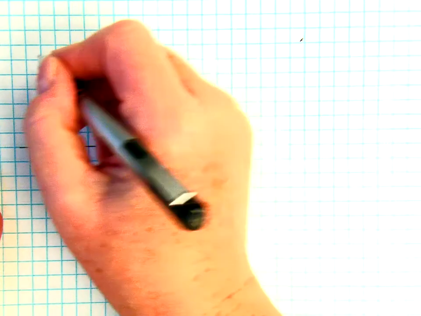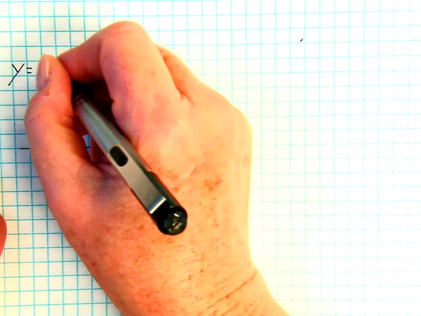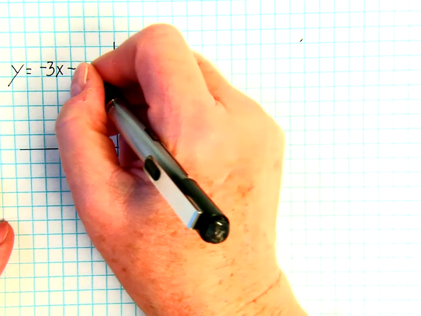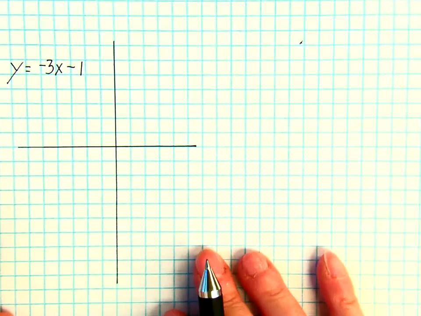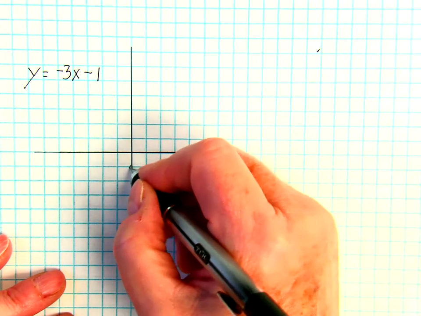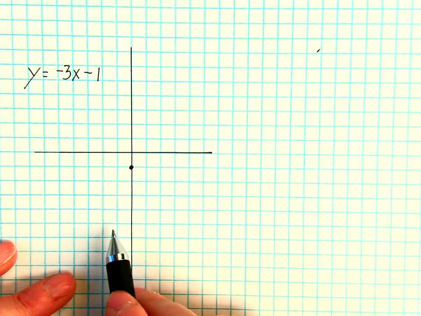So let's say this one is y equals -3x minus 1. So I'm going to come here to -1, and now I've got a -3 slope.